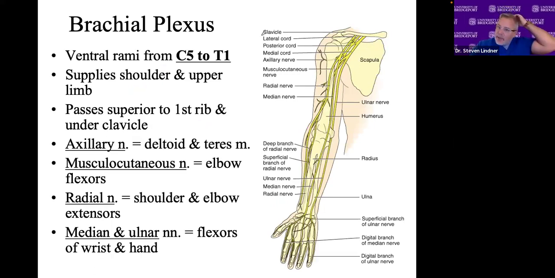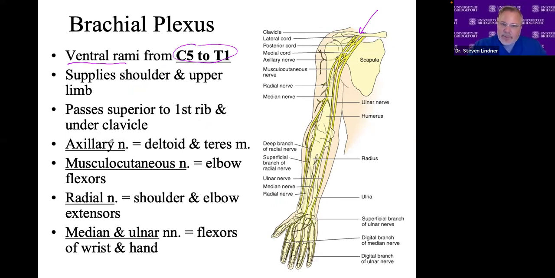So the brachial plexus, as we just showed you in that picture, comes from the ventral rami of C5 to T1, and it passes superior to the first rib, but it goes under the clavicle. We could see that right here, under the clavicle.